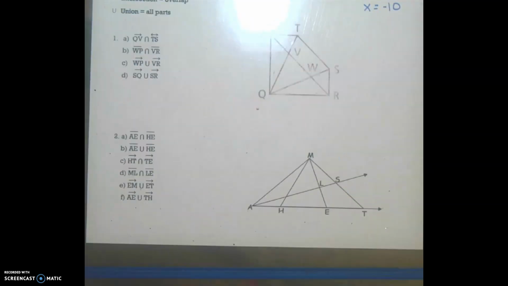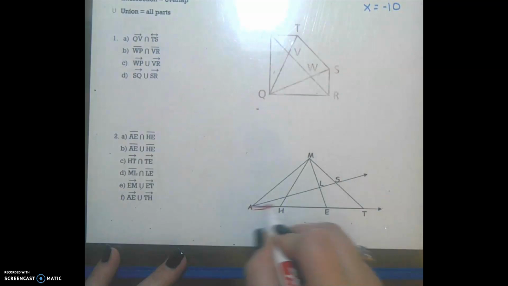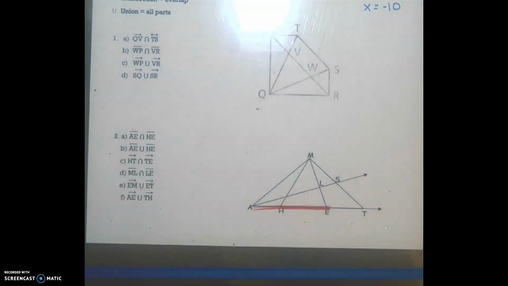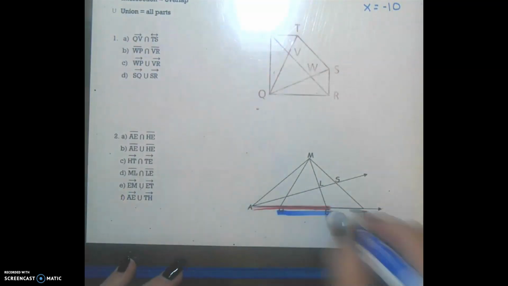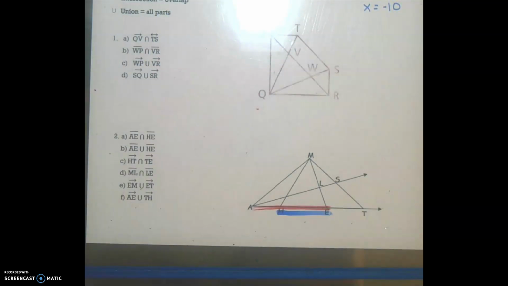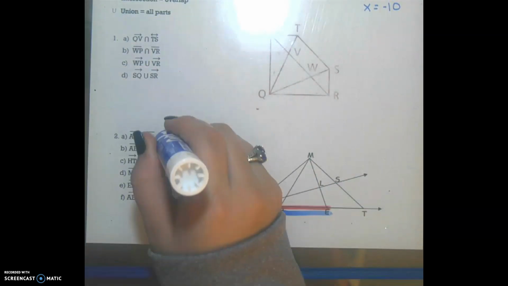All right, we got one more example today, starting with part A on number 2. I'm looking for the intersection of segment AE and segment HE. So the intersection, where do they overlap? And that is at this segment HE.